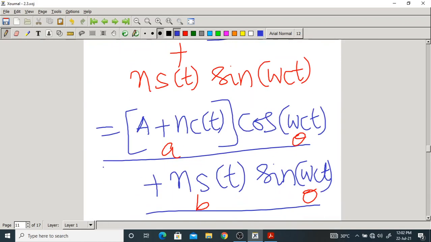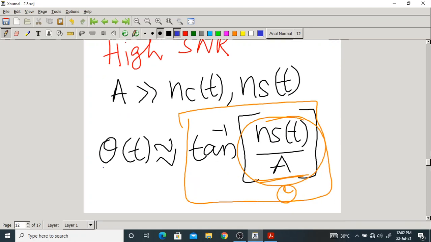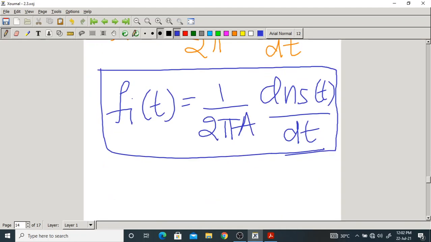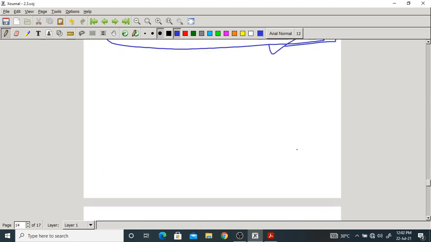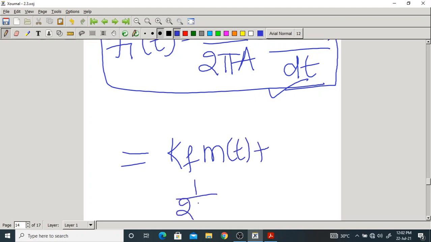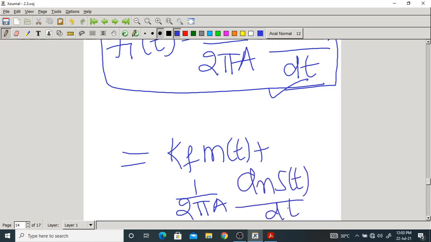So this is the output of the demodulator when there is no message signal. So finally, the output of the demodulator will be the sum of these two, that is Kf m of t plus this component, 1 by 2 pi A d ns of t by dt.